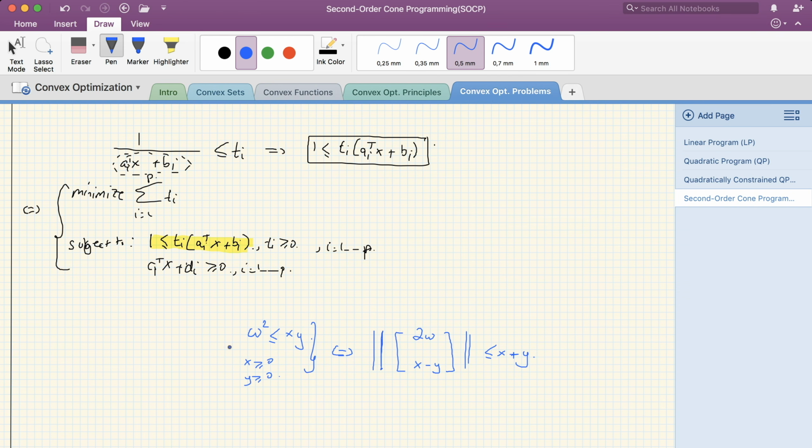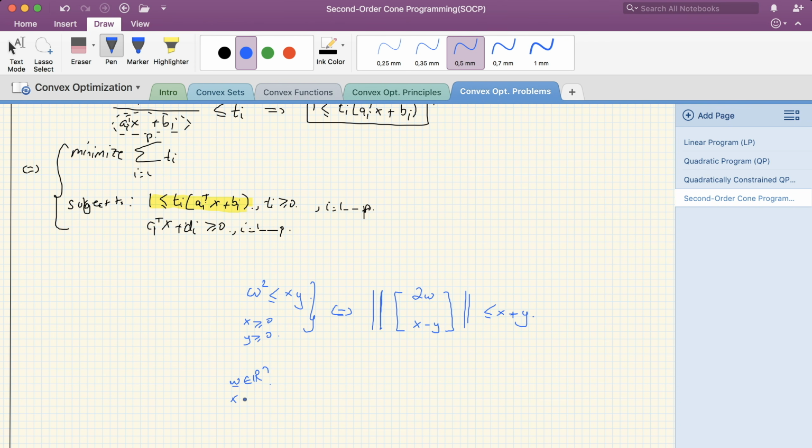A generalization of this inequality to vector notation will be for a vector w, let's say w falls in R^n, and we've got two numbers, x in R plus and y in R plus. x and y are still scalars. Then we can say the same thing.